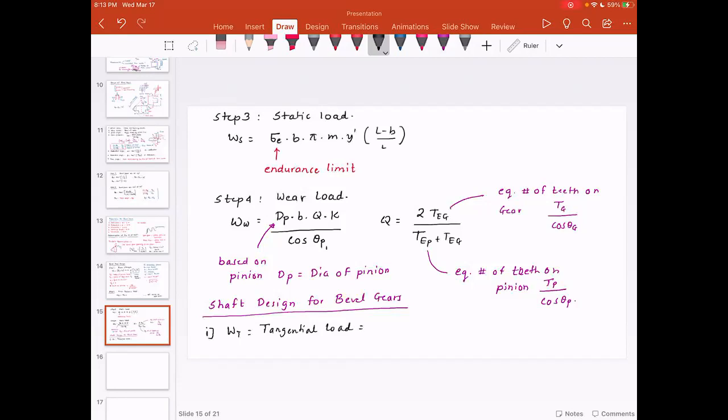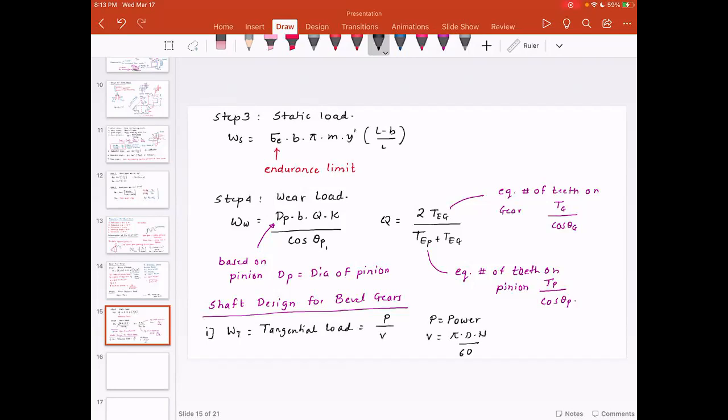And tangential load can be found out either from torque or from the pitch line velocity. So P is equal to power, and V is equal to pi times D times N divided by 60.